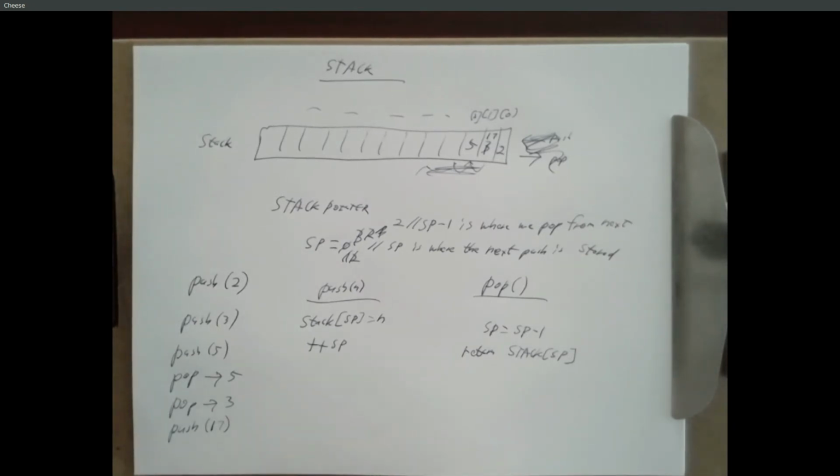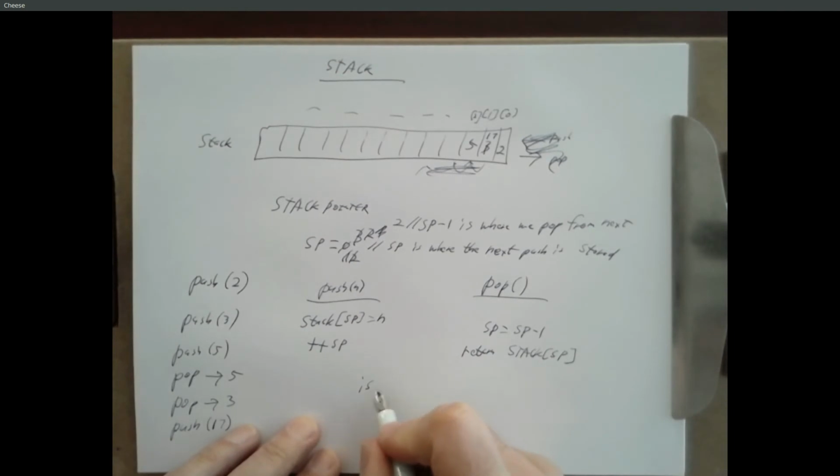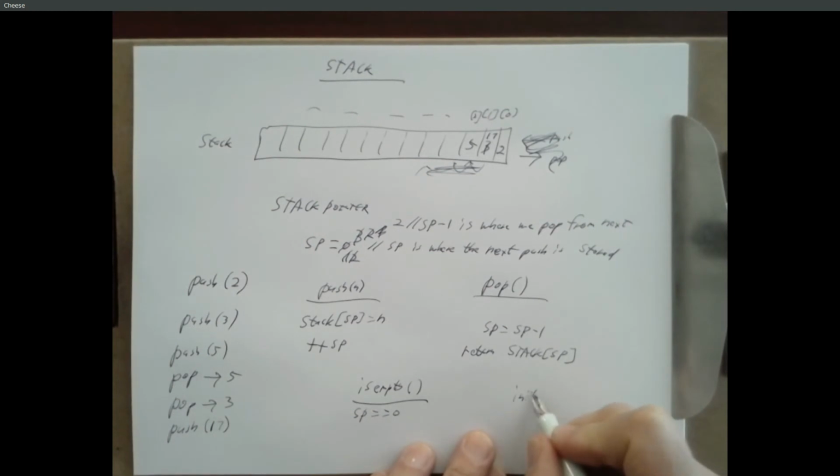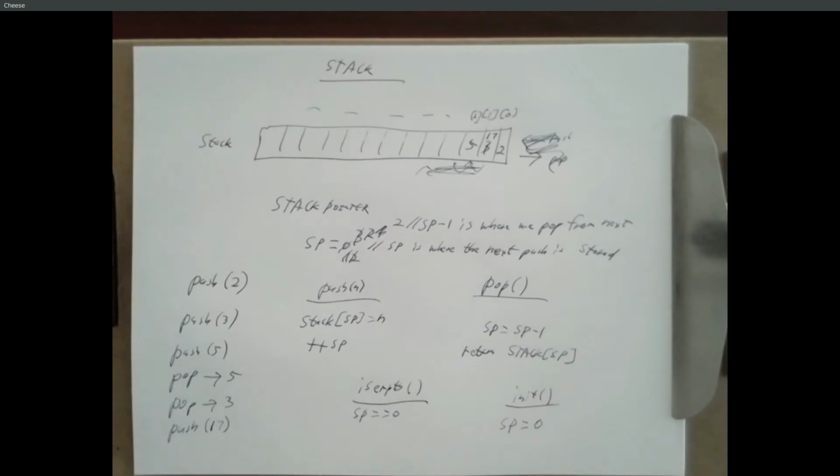So how do we know when the stack is empty? What's the value of SP? 0, right? All right, and how do we initialize? Just set SP equal to 0, which gives us an empty stack. How do we know when it's full?